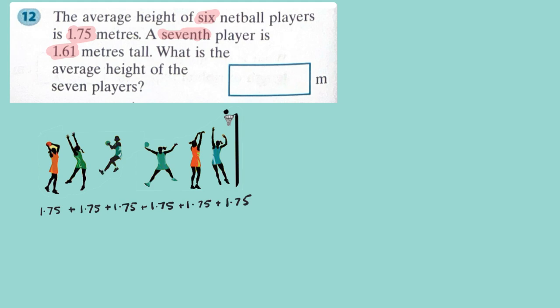And together that's 6 times 1.75. Now along comes our 7th player, and she is only 1.61 meters. So we'll add that to it. We can add it here as well, 1.61. So what is that?